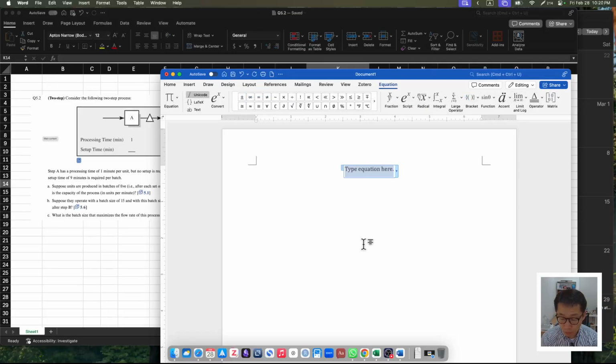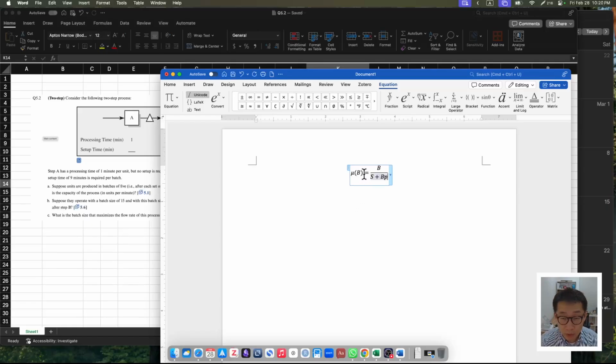You want to know what is the capacity. In this case, we don't know what the B is, but we do know this is how you calculate it: S plus BP. Let me see if everything is correct. Yes, this is correct.